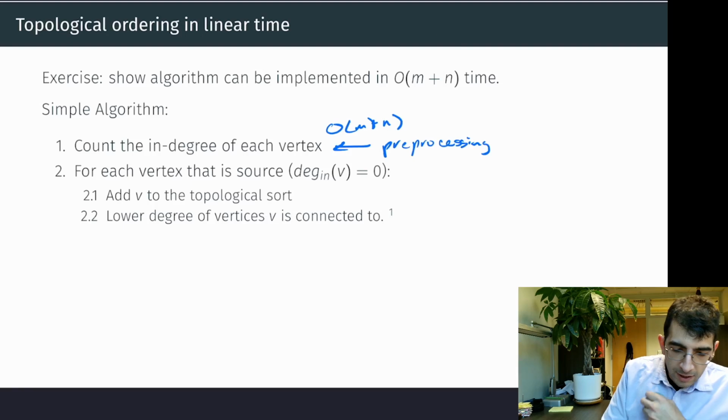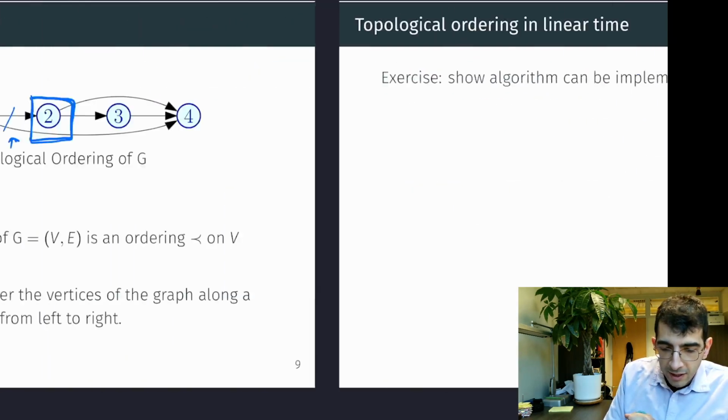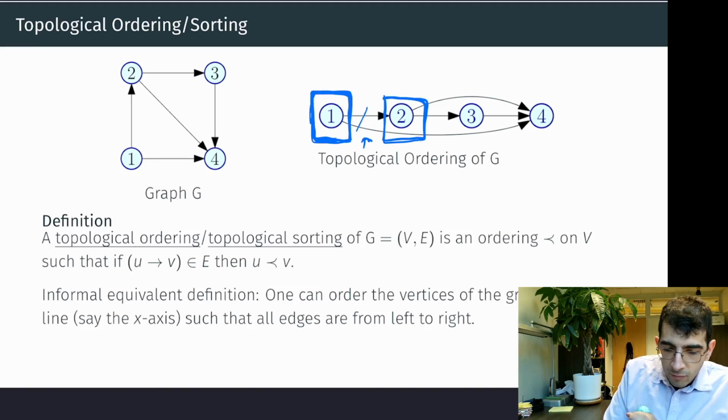Then for each vertex that's a source, we add that vertex to the topological order, and then we lower the in-degree of all the vertices that this vertex leads to. So we add first the sources, the vertices that have no in-degree.